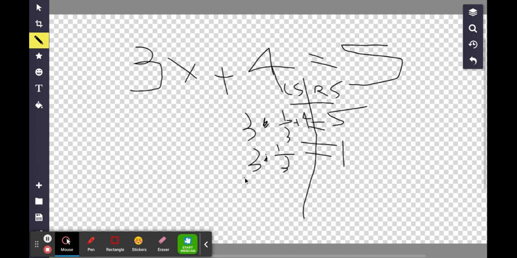So we have to multiply 1 over 3 by 3, which equals 3 over 3, or 1. Let's just write that as 1, which equals 1. So now we know that our solution is correct. So that's how you solve an algebraic equation.